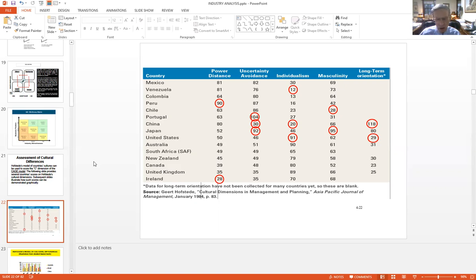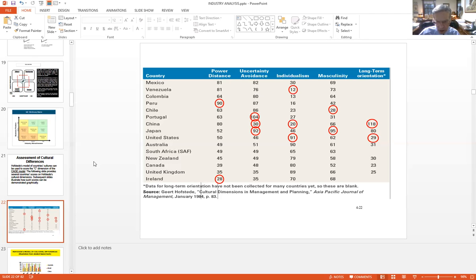Masculinity is a misnomer. You can really make a mistake looking at that term. Masculinity and femininity in Hofstede's framework has nothing to do with gender. Masculinity is a metaphor for acquisitiveness, aggressiveness, but especially the desire to own things and hold things.